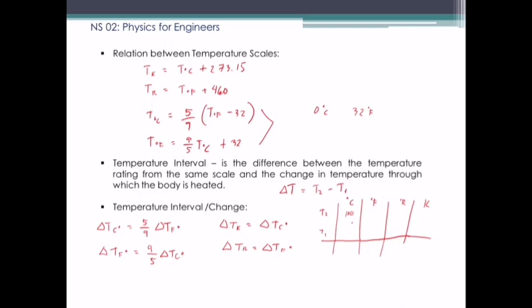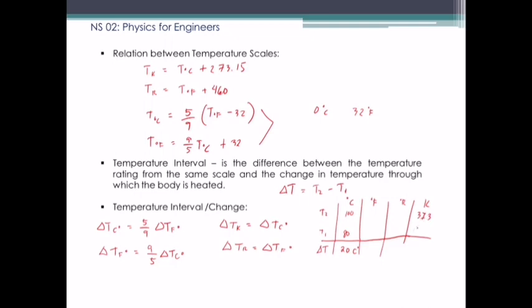And then, say for example, your T1 is 80. So, what is the difference now? Delta T is 20 Celsius degrees. If we convert this to Kelvin, 273 plus 100, that is 373.